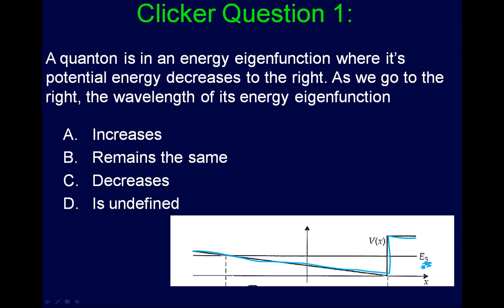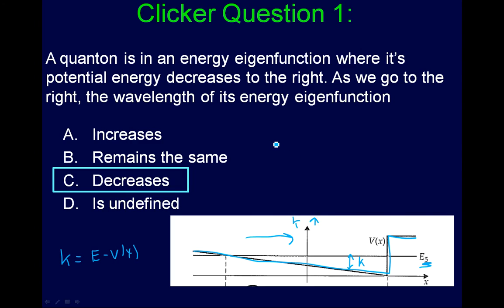All right, so hopefully you got decreases. And so let's look at a couple of things. First of all, it's not super easy to think about this right away, but the kinetic energy here is basically the difference between the energy and this potential that I sketched out, right? So the kinetic energy is E minus V of x. And so you can see as we move to the right, the kinetic energy is going to be increasing. And so then we grab our equation for the wavelength, and we know that that's inversely proportional.